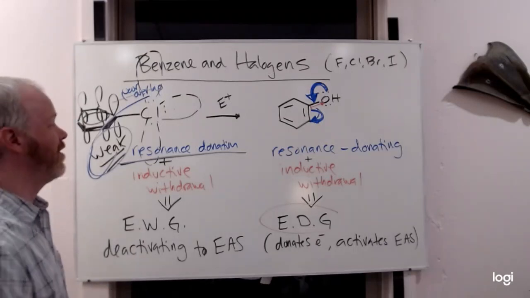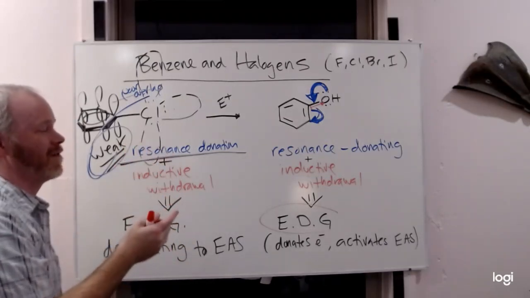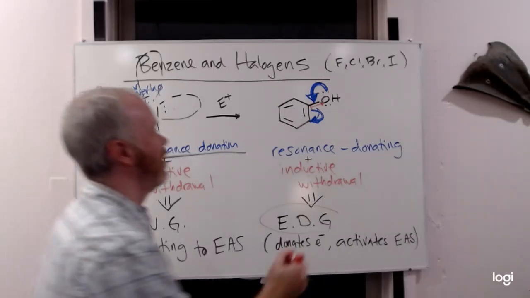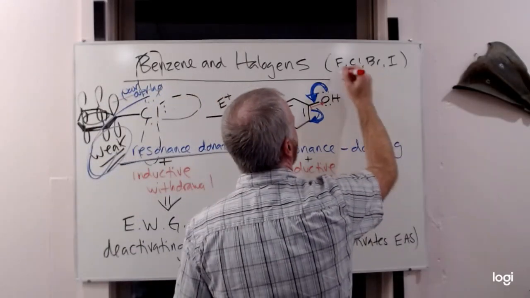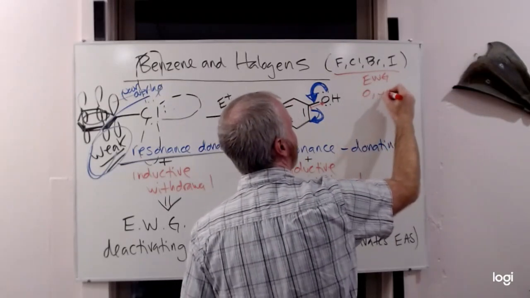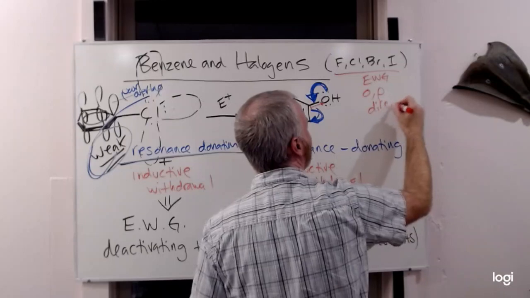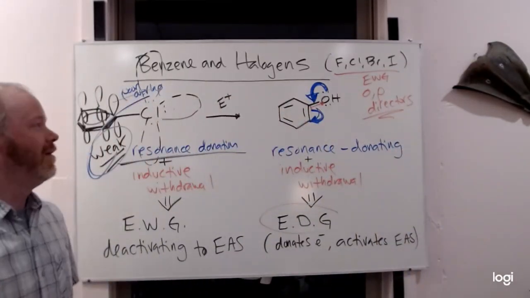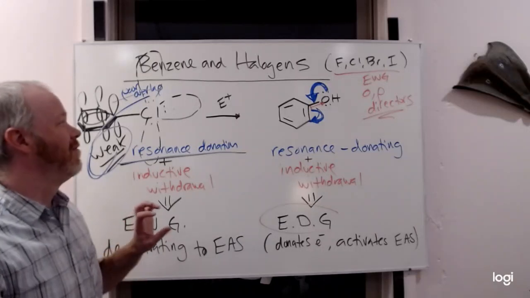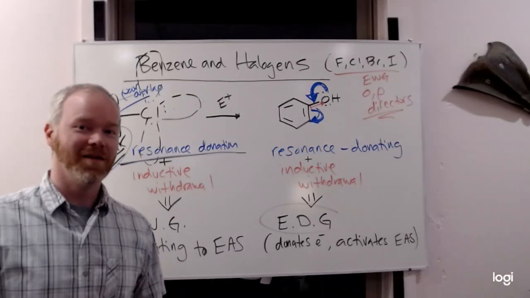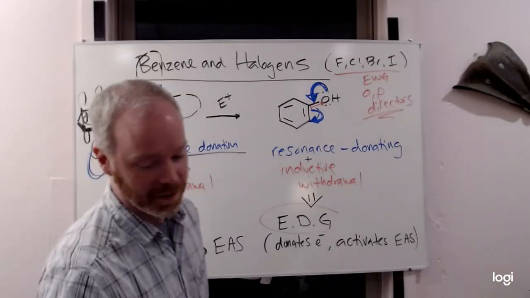As a side note though, because of that resonance, they do behave a little bit similar to the other groups, and so even though they're all electron withdrawing groups, in general they're ortho para-directors. So in terms of just predicting where the reactions go, they push the reactions to happen into the ortho and para positions, just like the other donating groups that we looked at too.